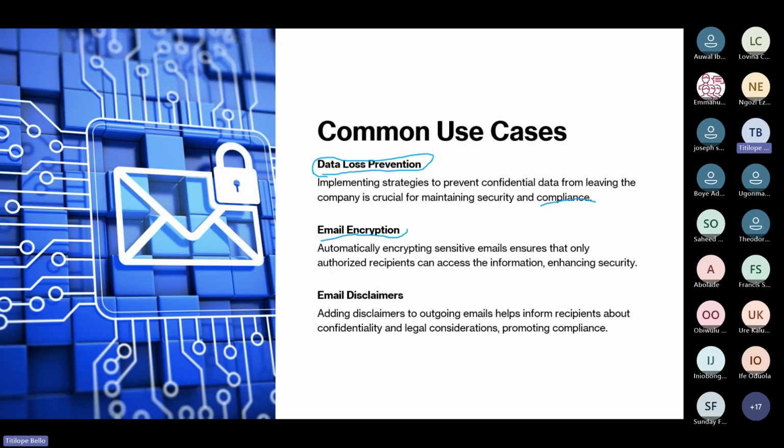Maybe you are dealing with the security department of the United States, and every email that goes in and out of your organization to the security department of the United States must be encrypted, because it is a matter of security that we are talking about here.